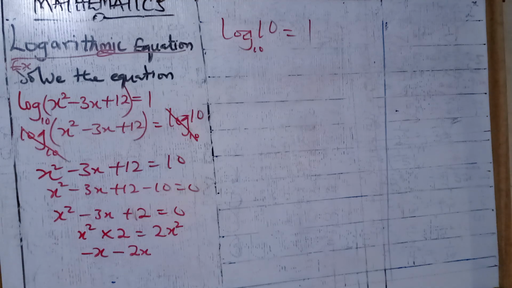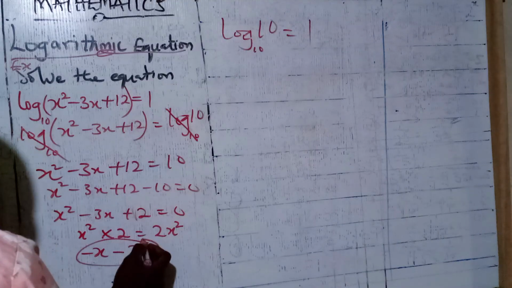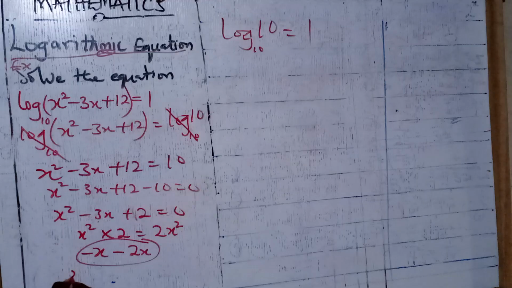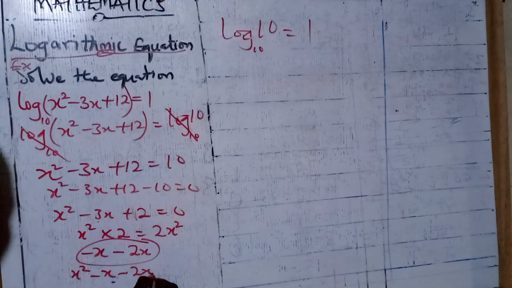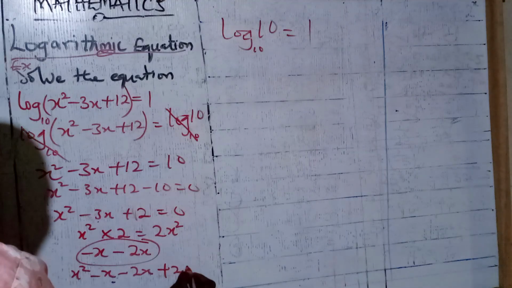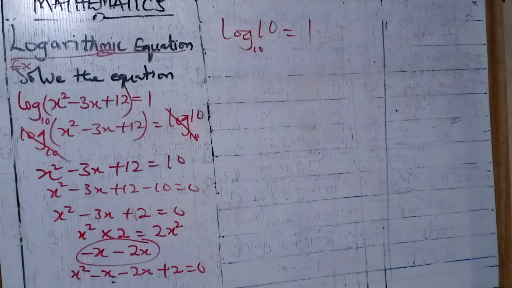So we will now use this one here in place of minus 3s as s squared minus s minus 2s, then plus 2 equals 0.